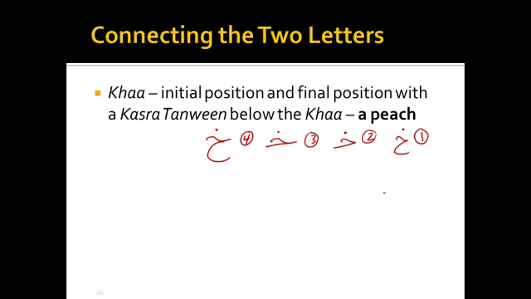Now, the first sound that we hear is a kh. And so that's an initial form because it's the first letter in the word and it connects to what comes after it, because the letter that comes after it is a waw and the waw connects from the right. So here we're going to write the kha.